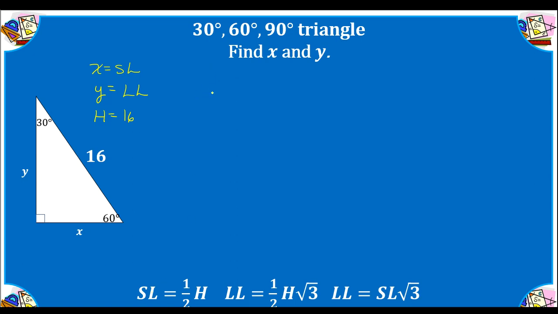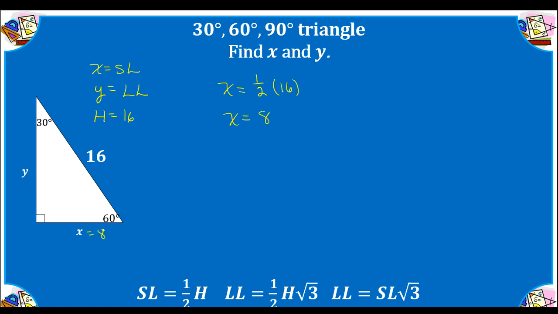So the short leg, which is x, equals, so our short leg is half of the hypotenuse, which is 16. So x is 8.